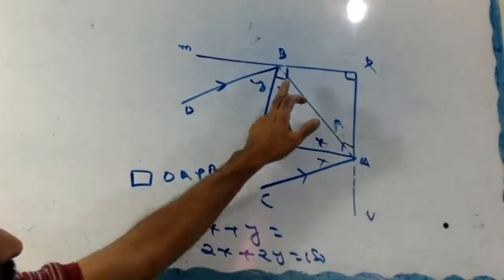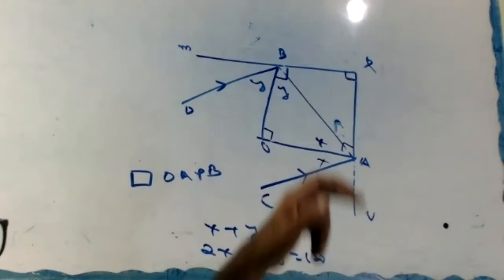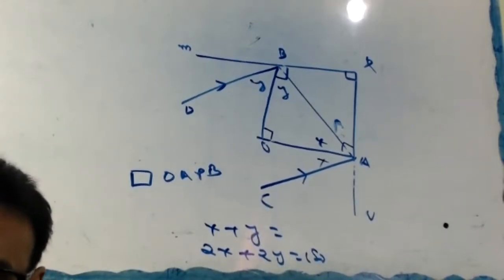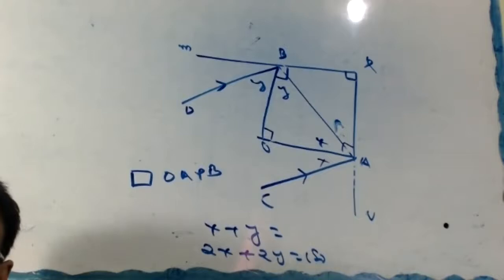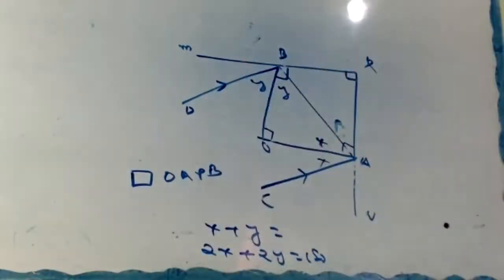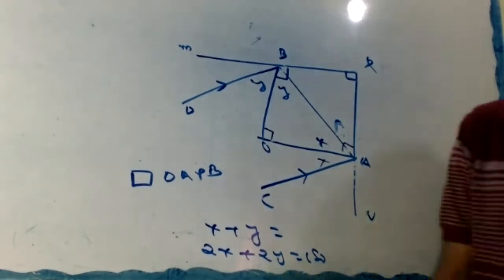Therefore, angle AOB is 90. Bracket, angle sum property of a quadrilateral.